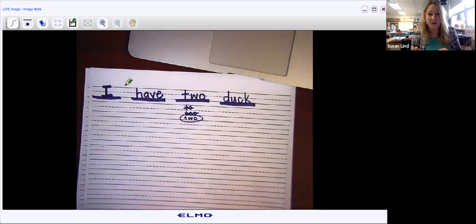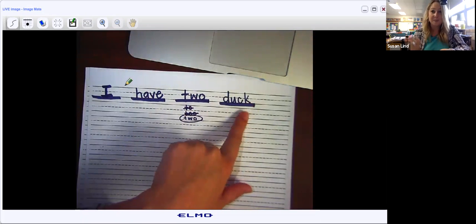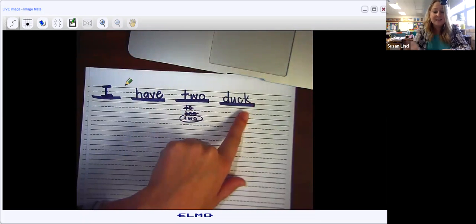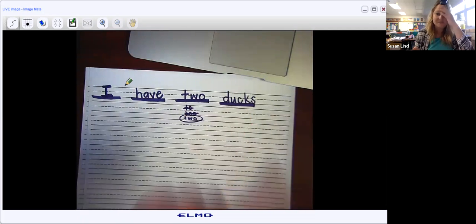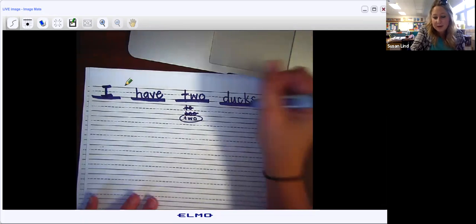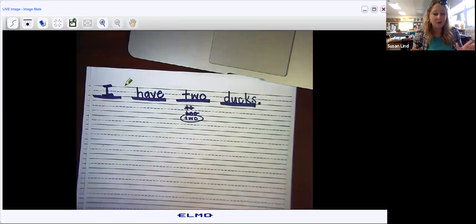Where did I go wrong? What did I not add to my sentence? It doesn't sound right. I have 2 duck. I have 2 ducks. So I have to make an S at the end. And then I'm going to put my period. And I'm going to make sure I have all my words.